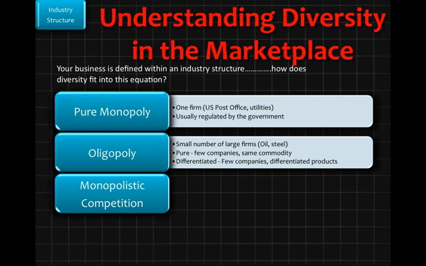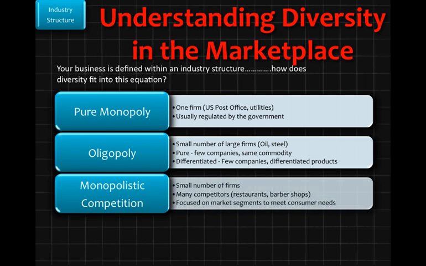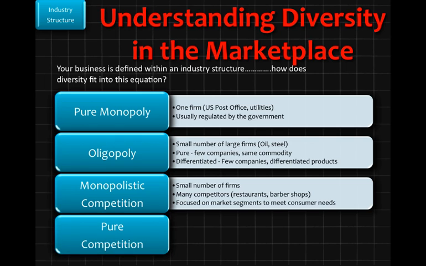The third area that we want to look at from an industry structure standpoint is a monopolistic competition. So you have competitors such as in restaurants and barbershops, but they focus on market segments to meet specific customer needs. So you go to a restaurant to eat, you go to a barbershop to get your hair cut, etc. And then last but not least, for our capitalistic society, pure competition.